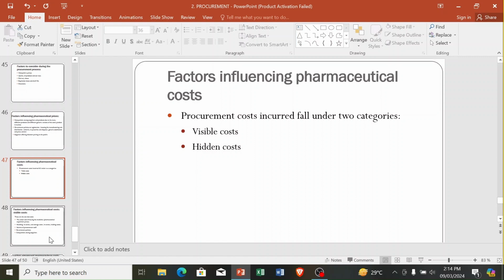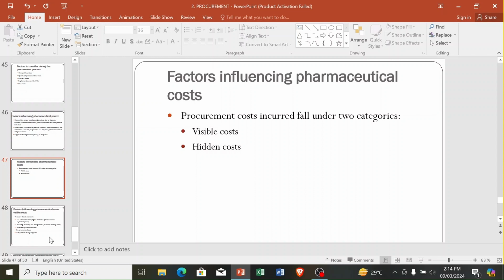So the price at which we are going to sell is going to be cheaper in case we are dealing with a private facility. In case we are dealing with a public facility, of course, we do not charge our clients for the medicines apart from maybe the consultation fee and the rest.